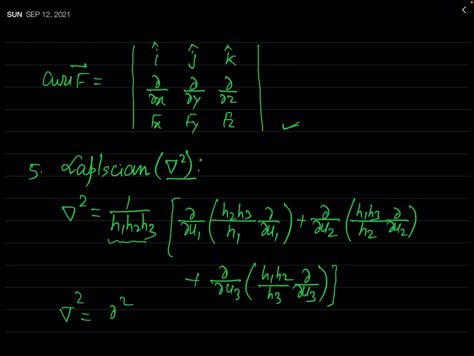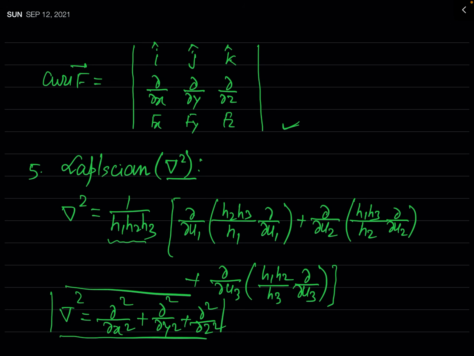Del u1 operating on del u1 gives del square del u1 square. So this will be del square del x square plus del square del y square plus del square del z square. This is the expression for Laplacian in Cartesian coordinate system.